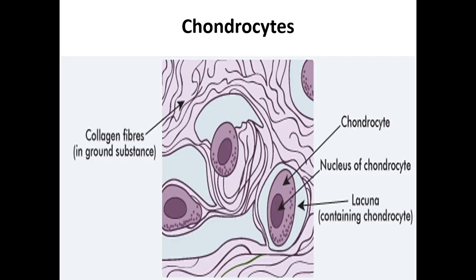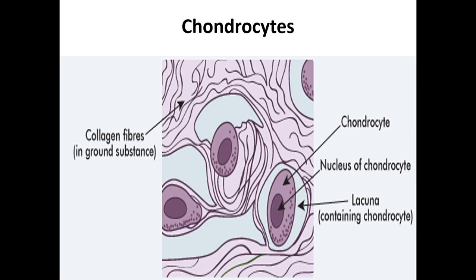So we have here a closer look of a chondrocyte within a lacuna. So we have the cavity here, which we call the lacuna, and each lacuna may contain one or maybe more than one chondrocyte.